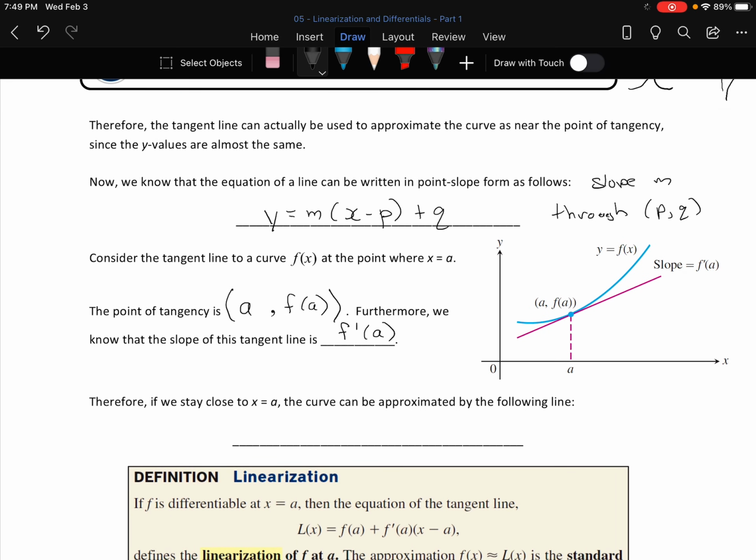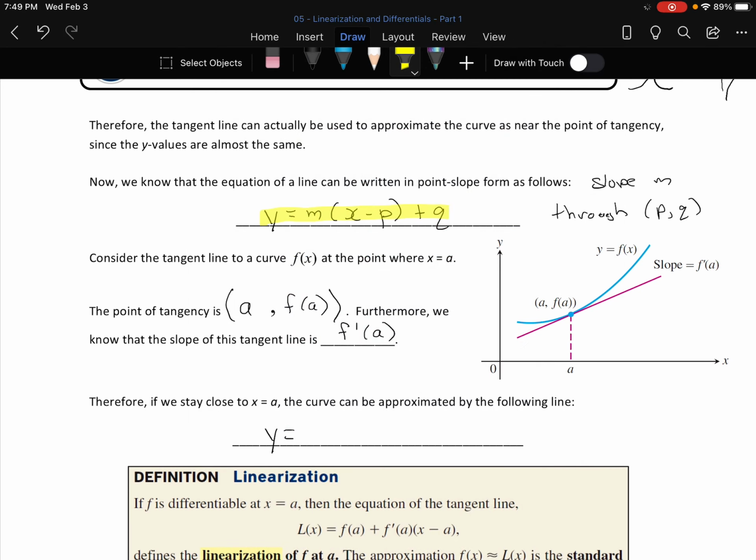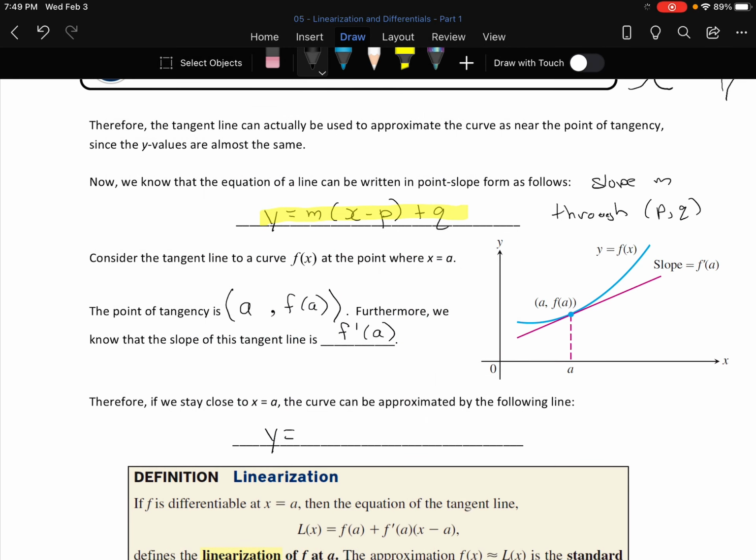And so what I get is y equals, and let's be clear about where my eyes are looking as I'm doing this. I'm looking here, going, okay, this is the equation I want to use for the equation of a line. It has slope m, but instead of using m, I'm going to use the slope, which is f prime of a. And then I've got to go x minus p, but I've got a point right there, (a, f(a)).